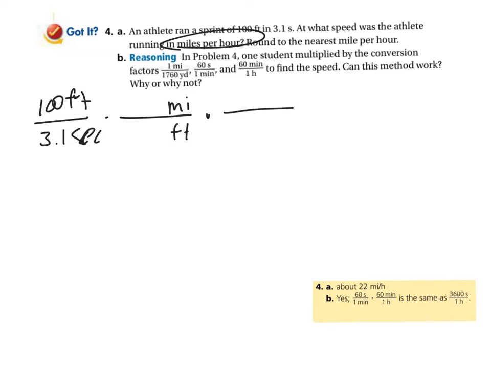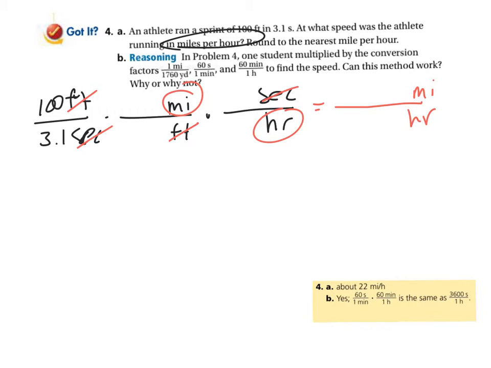Then we're going to convert seconds into hours. Seconds has to go down, so it's diagonal to hours. Now, let's double check our units. Feet, miles, seconds, hours. So I'm left with miles over hour, which is what I was shooting for, miles per hour. Now I can fill in the numbers.